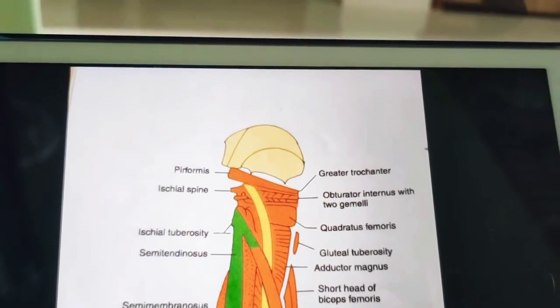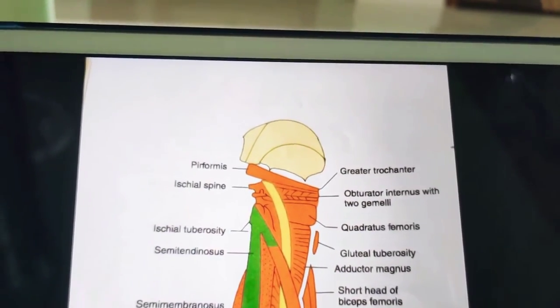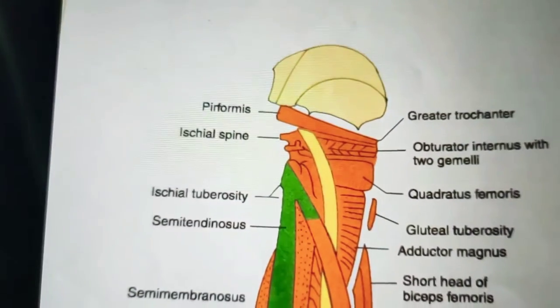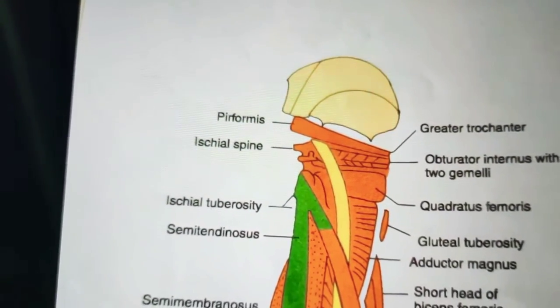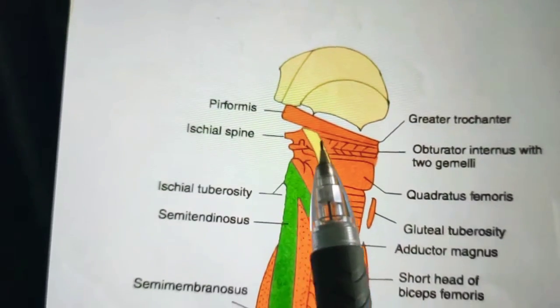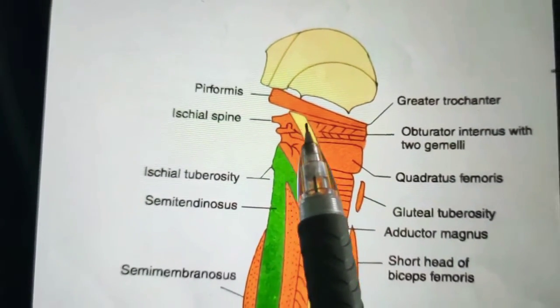For that we'll check another diagram. In this diagram you can clearly see the piriformis muscle. In the pelvis it lies in front of the piriformis muscle under the cover of the fascia.